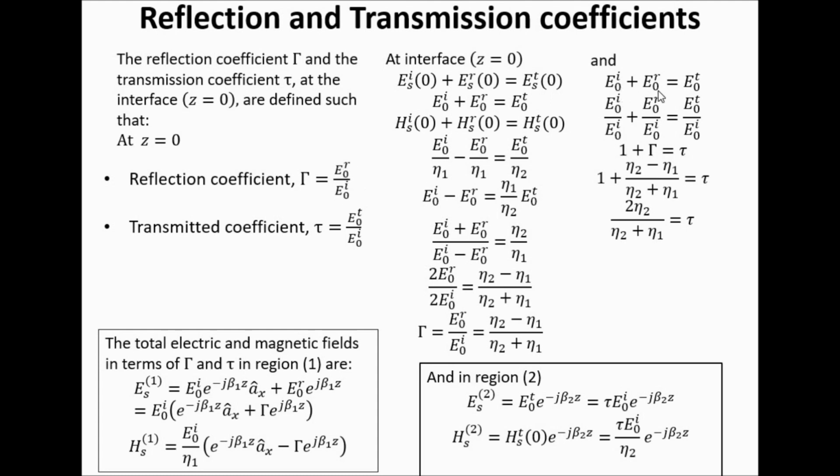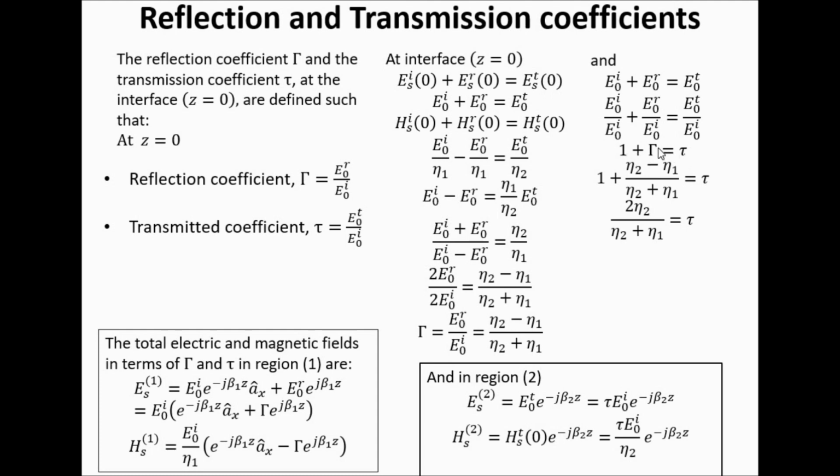Now, if you take this relationship here and divide the entire equation with E0I, this will be 1, and this is reflection, and this is the transmission. So transmission is equal to 1 plus reflection.